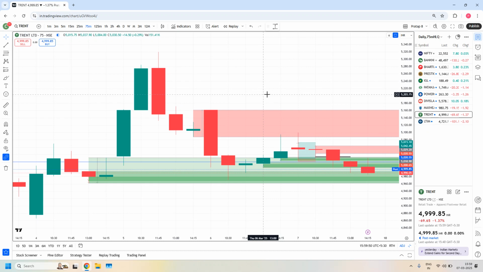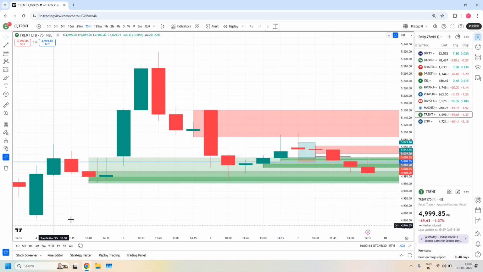Multiple fine-tuned 5-minute zones are available, and a couple of them gave 2 trades today. So let's focus on that first, and then we will focus on Nifty also. A quick discussion about Nifty: how our supply demand zone chain might have helped our traders gain around 110 points today, or maybe even more. That also we will discuss.